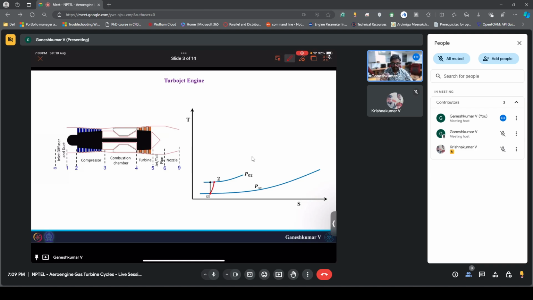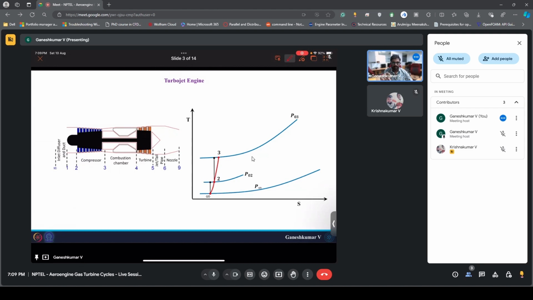So from infinity to 2 there will be a temperature increase and also a pressure increase, that happens in the inlet or diffuser. And then we have the compressor. From 2 to 3 we have the compressor, during which further compression happens from P02 to P03. Now, at the end of the compressor, we will have a high pressure, which is P3 or P03.